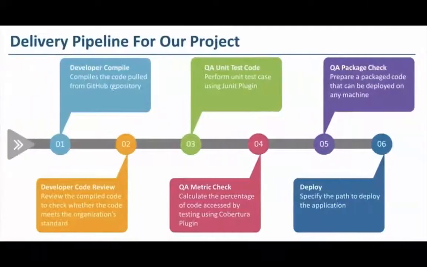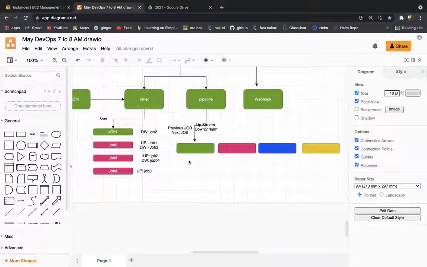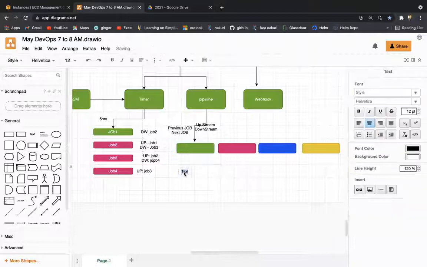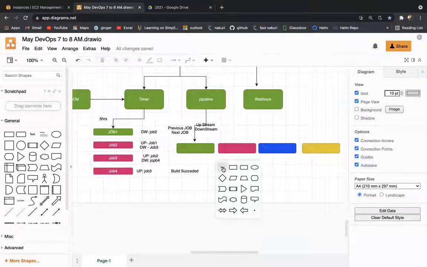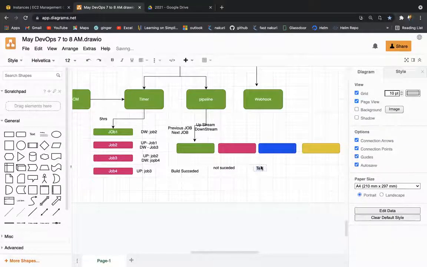See here, it is popping blue card, yellow card, green card. Each color has a responsibility. So again, coming back here: if the first job, or any job, is popping a green card, the job build has succeeded. If it is popping a red card, it has not succeeded. And if it is popping a blue card, it is waiting for upstream.